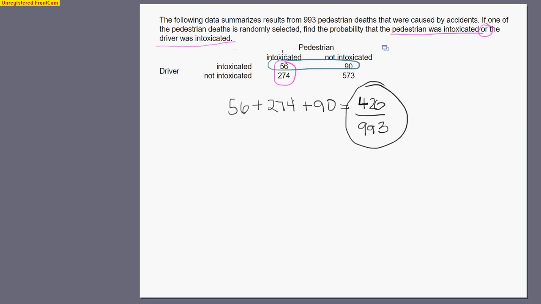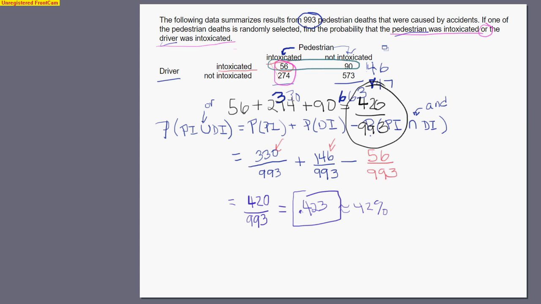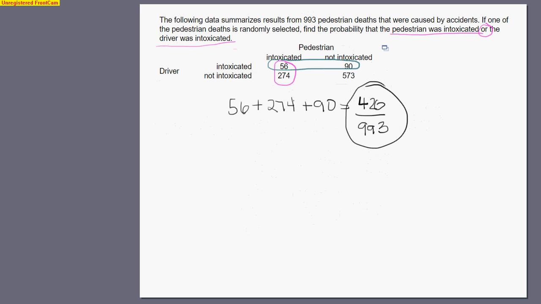Same result. So it's just a little shortcut when you're given a nice table like that. You can see down here that it is the same result, whether you use the formula or the table method. So give it a try and roll.